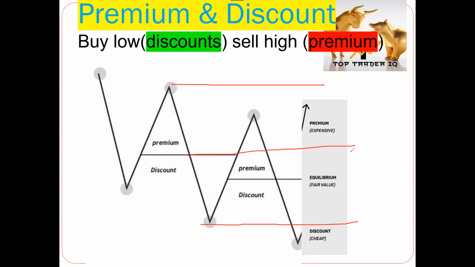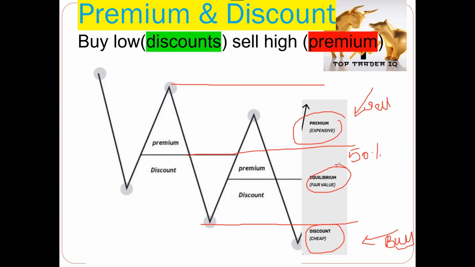I get a 50% level in the middle. Above 50% is premium, the expensive level, so in this expensive level we do the sell option. In the discount level we go for a buy option. And the middle level is called equilibrium, that is fair value.